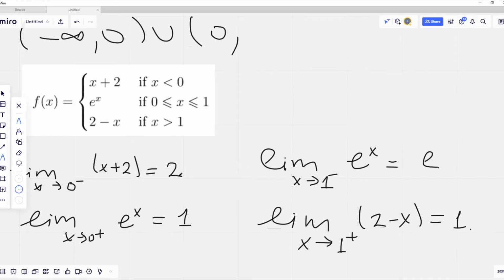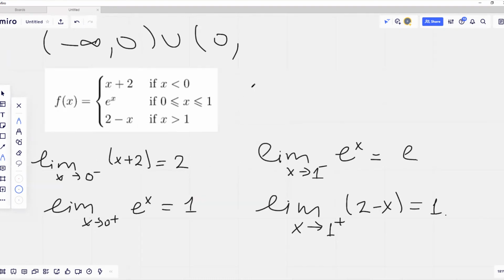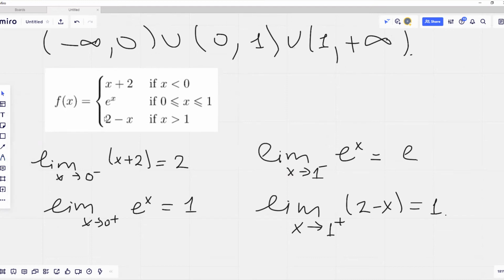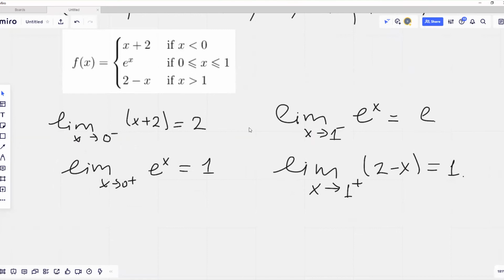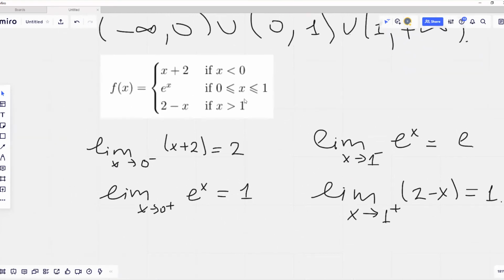Okay, so we can see that we have another point where our function is not continuous at x is equal to 1. Next, we are followed up with polynomial that's continuous everywhere. So 2 points where our function is not continuous are 0 and 1. Now let's check these points and let's see whether our function is continuous from left or right.